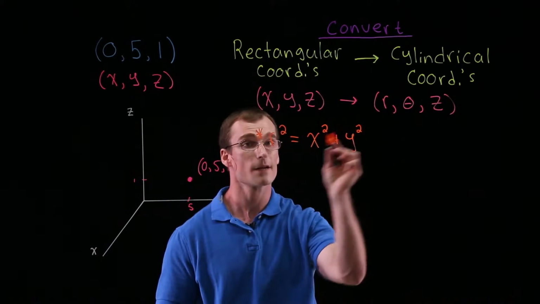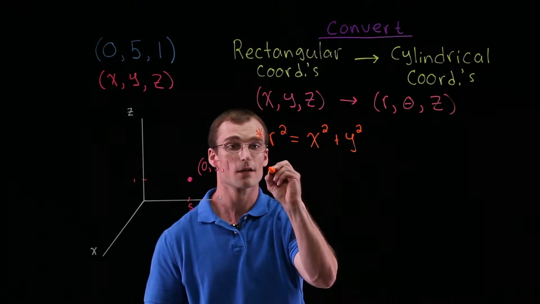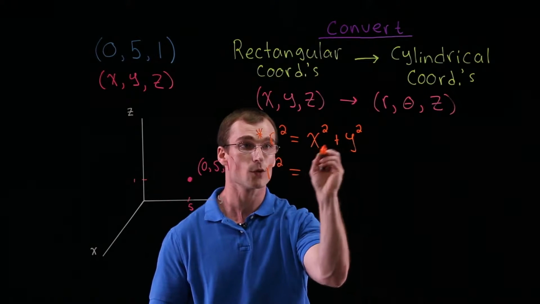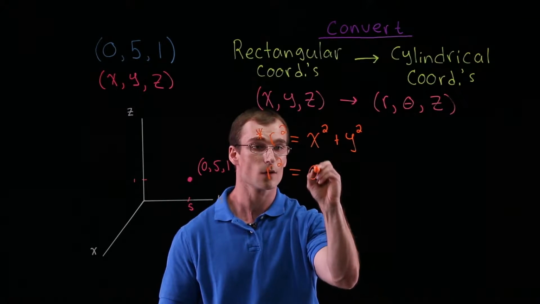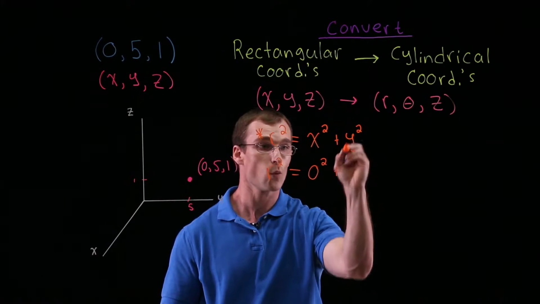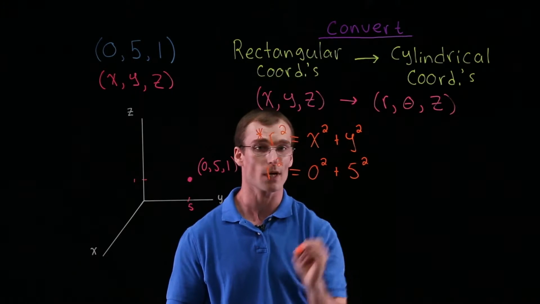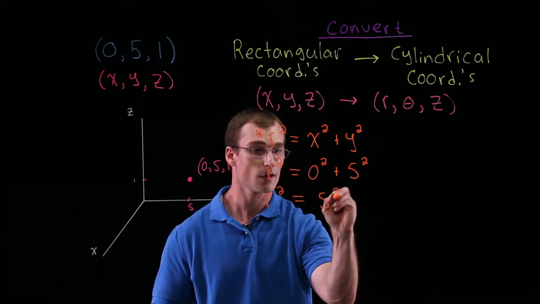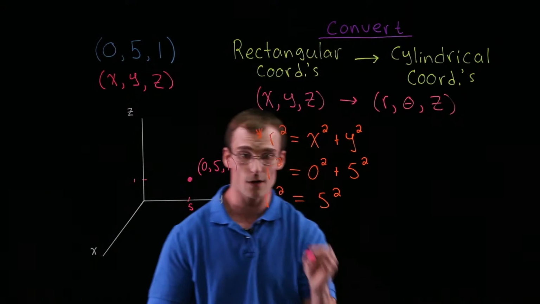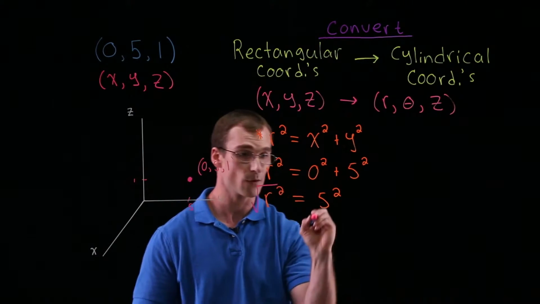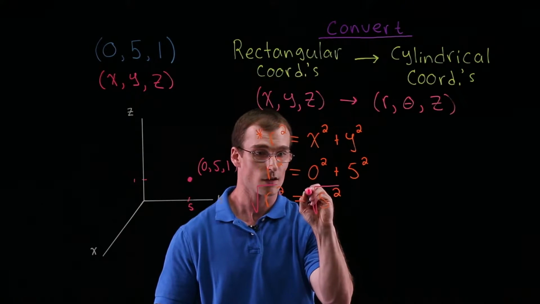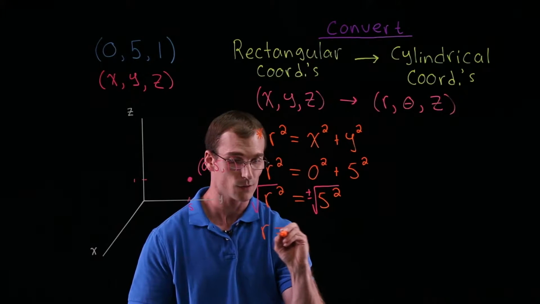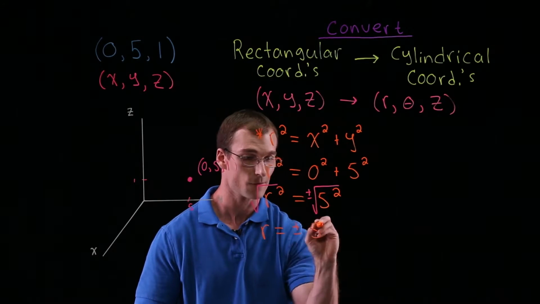So right away we can find a value of r. Taking r squared is equal to, what is x? X is 0, so 0 squared plus y, or 5 squared. So r squared is equal to 5 squared, and then solving for r, taking the square root of both sides, technically the plus or minus, so r is equal to plus or minus 5.